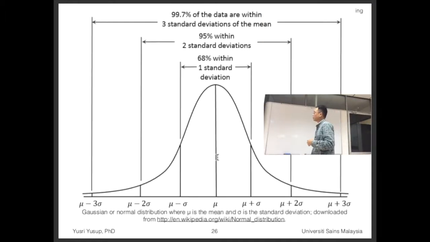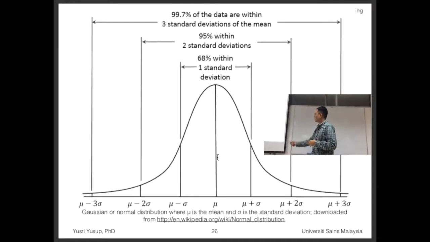So this is the normal distribution, like I mentioned just now, where right in the middle is high concentration, and at the edge is low concentration. From here to here is one standard deviation. You've heard of this term before, right? In the middle is the mean. One standard deviation, from here to here, is 68% of the area beneath the curve.